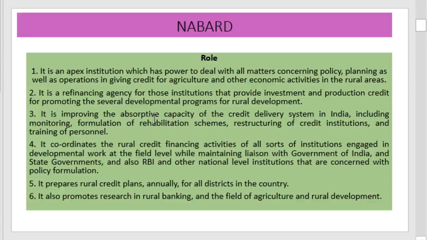Third, it improves the credit delivery system in India. Fourth, it is a coordinating agency for the development of rural areas and especially for the development of agriculture. Fifth, it prepares the credit plan, and sixth, it promotes research in rural areas. These are some of the important roles of Nabard in India.